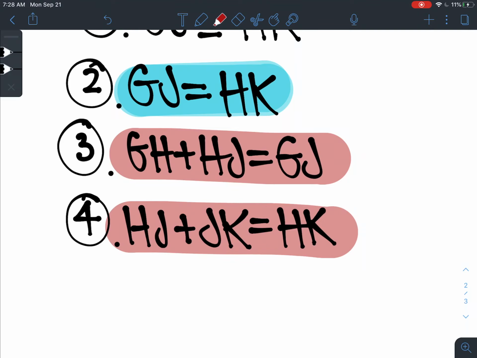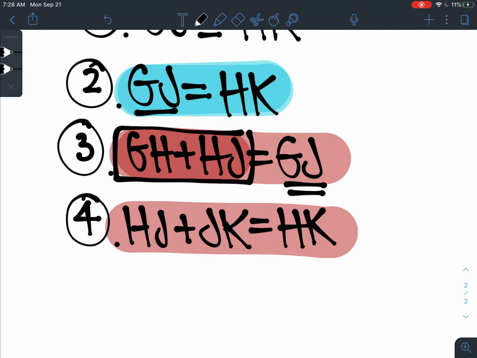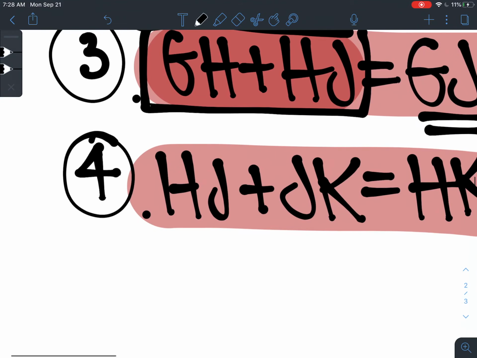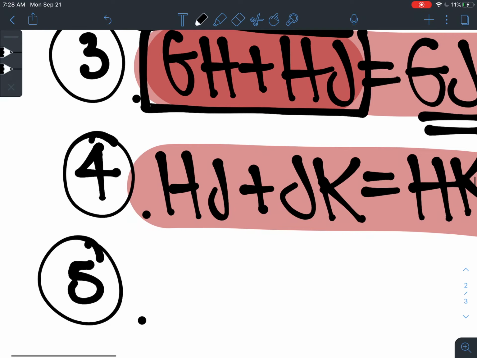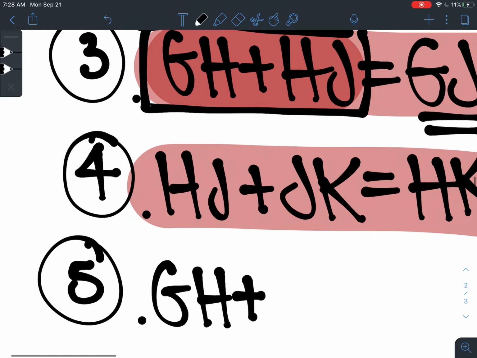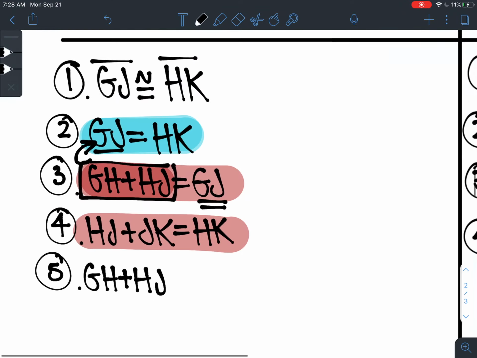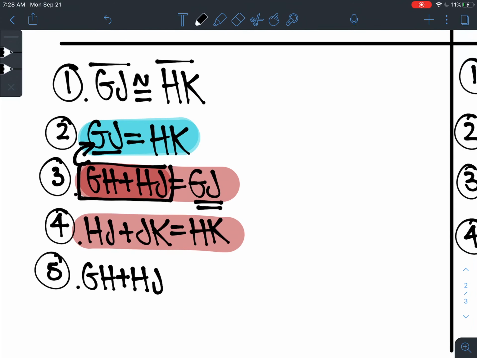So here's what I want you to look at, all right? Do you see how GH plus HJ is equal to GJ? All right, but I have GJ up here. So what I'm going to do is take GH plus HJ and plug it in for GJ right there. All right, so my step 5 is I'm going to take that GH plus HJ, plug it in for GJ.